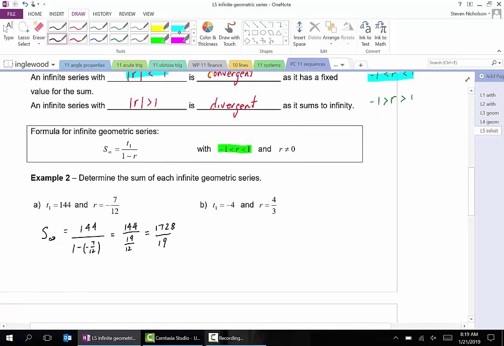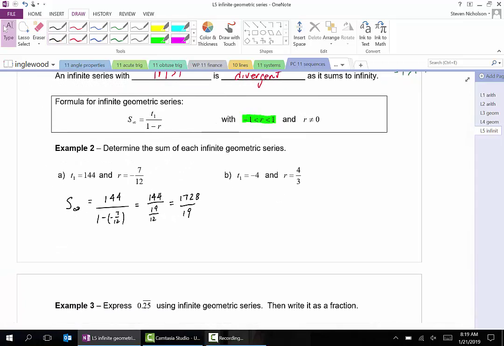Now, in the second example, what I want you to notice is R is 4/3. R is greater than 1, so this is a divergent series. This will go to infinity. It might take a long time to get to infinity, but it will go to infinity.